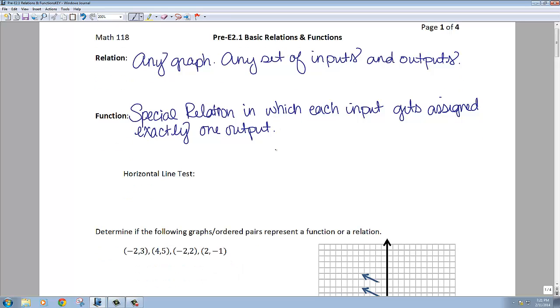Okay, and the way that we can check this visually, vertical line test, not the horizontal line test. I had a little typo there. We'll learn about the horizontal line test later on.